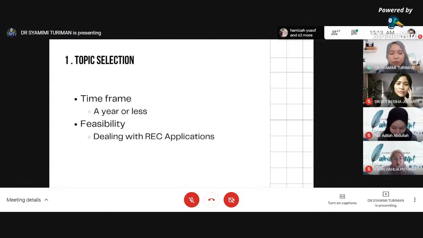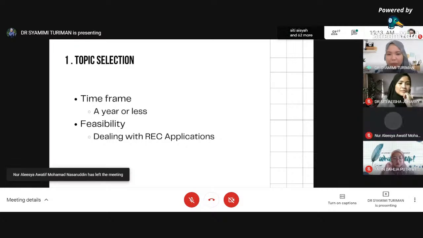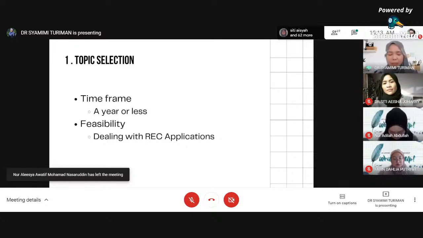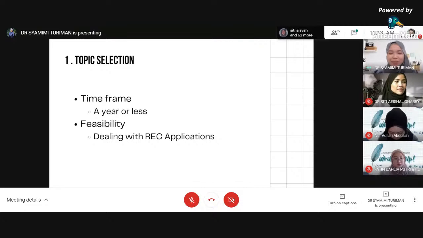So for information, it's not just students who have to apply for research ethics clearance before they proceed with their research, but this is also applicable to academic staff intending to research on something. So we as academic staff are also expected to apply for REC applications prior to conducting any research for that matter.